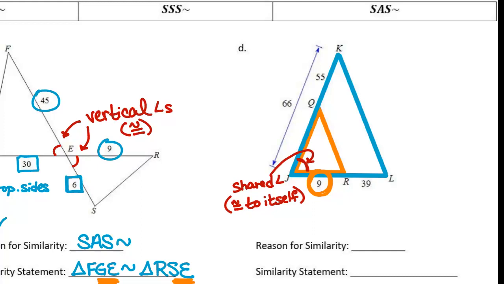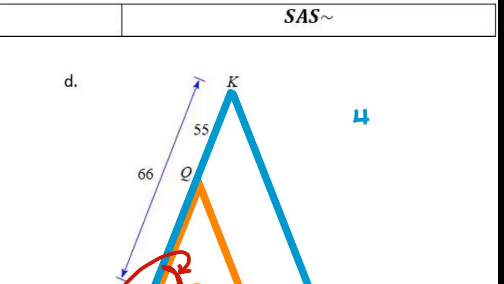How'd you get 48? Add these two together. 9 plus 39. This side is 48. So the 9 and the 48 probably make a fraction together. So I'm going to set up my proportion and do 48 over 9.